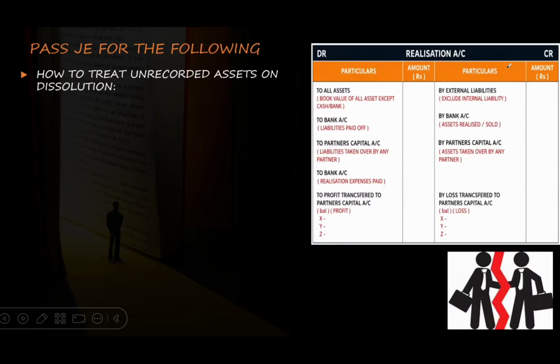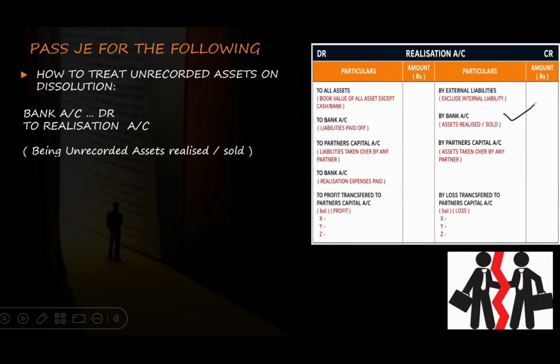So the entry will come as bank account debit to realization account, like how we have passed for assets realized, being unrecorded assets realized or sold. Similarly, there can be certain liabilities that are unrecorded but identified at the time of dissolution. These unrecorded liabilities also have to be paid off.